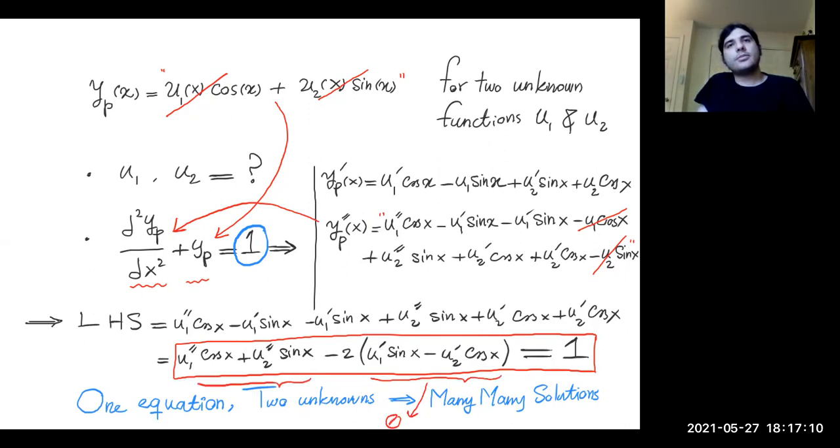That's one assumption we can have. But the question is how can we be sure the requirement we are adding, the thing we are assuming, is the correct one.